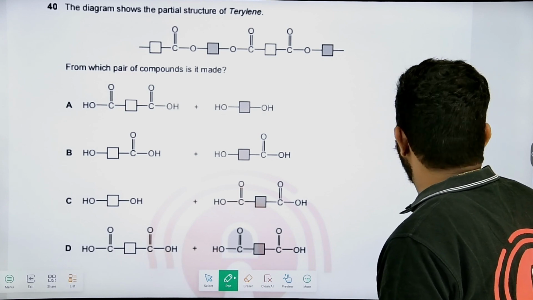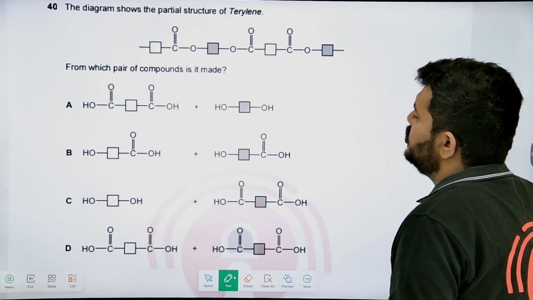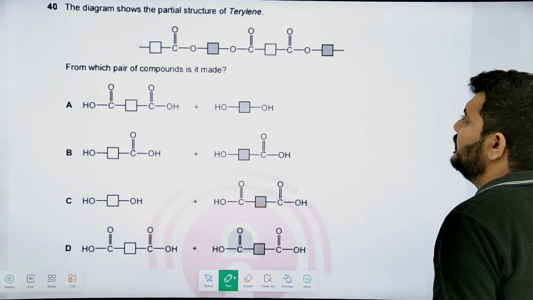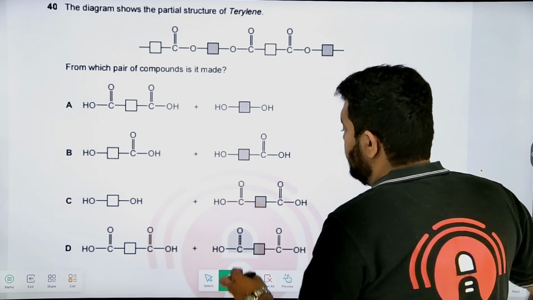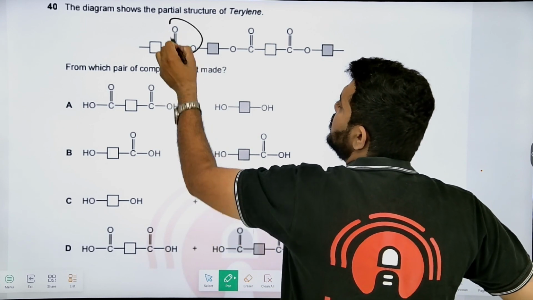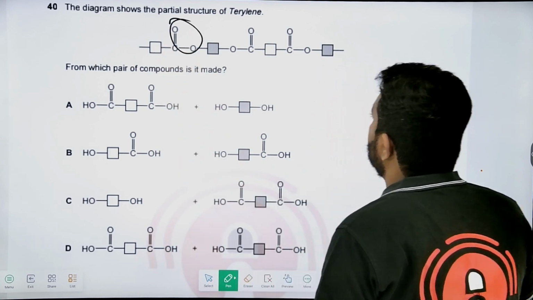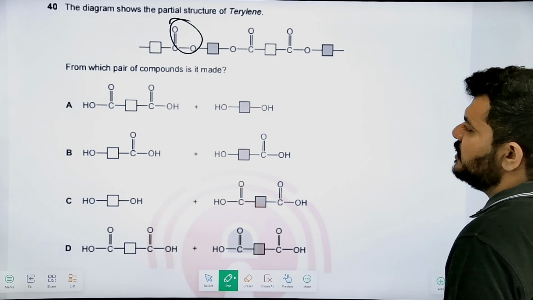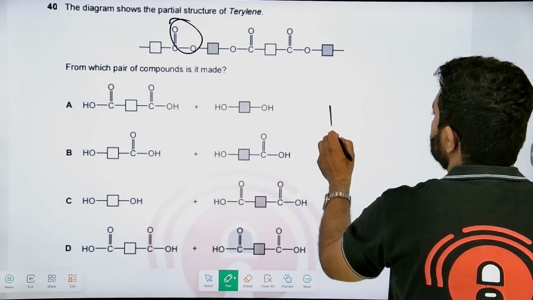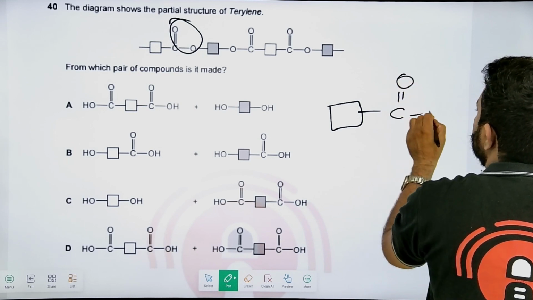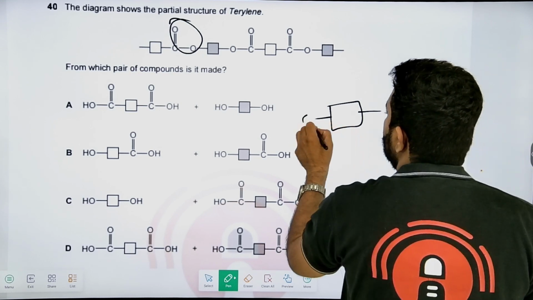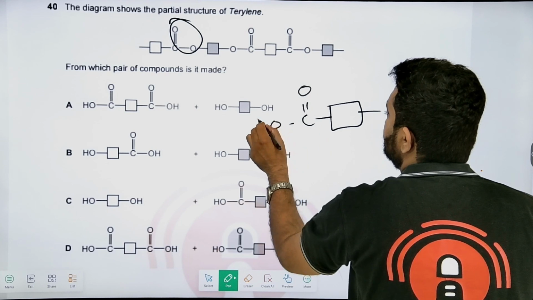Let's look at this question. So we have a diagram showing the partial structure of Terylene. From which pair of compounds is it made? Let's have a look. So this is the ester linkage we have, right? This is a polyester that we are looking at. So if I construct it, this empty box should have a carboxylic acid on both sides, right?